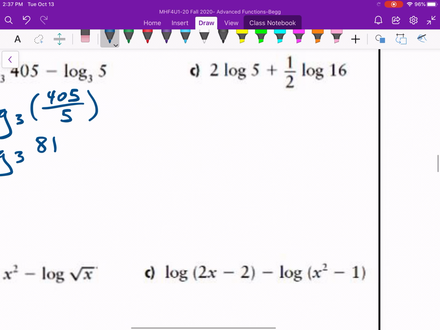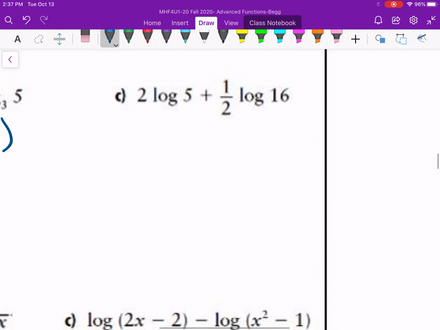This one's different because now we've got some numbers in front of the logarithm. So we're going to have to go back to the power of logarithms law that we've used before to help us out. So we remember we can take this 2 and bring it up as an exponent on the 5. And we can take this 1/2 and bring it up as an exponent on the 16.